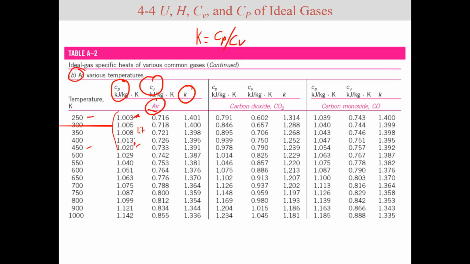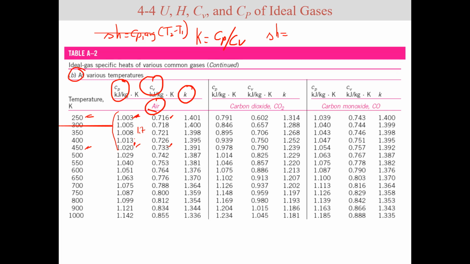So if I wanted to find the change in enthalpy, and this is Cp, and I wanted to assume constant specific heats, delta H is equal to Cp times T2 minus T1. To evaluate that, I would take the average Cp between the two temperatures. Let's say I'm going between 250 and 450 Kelvin.